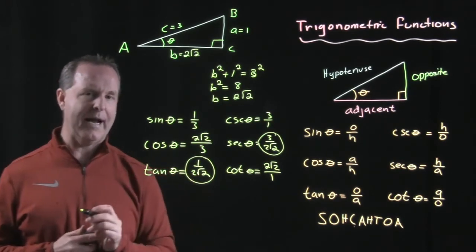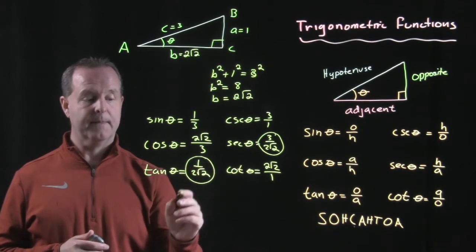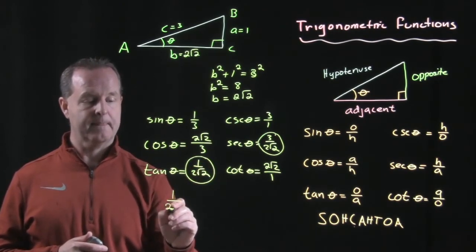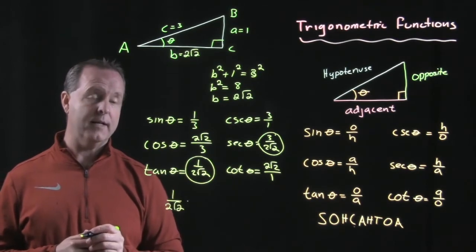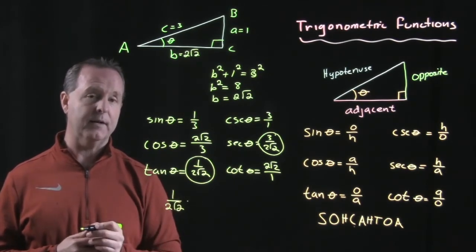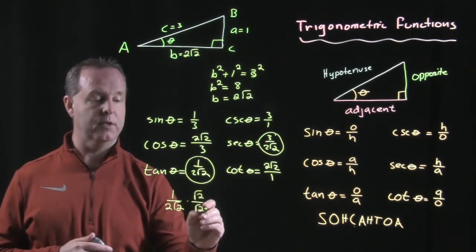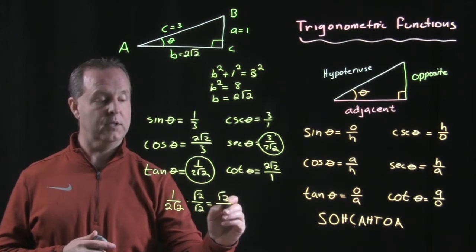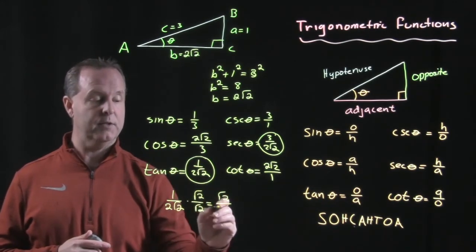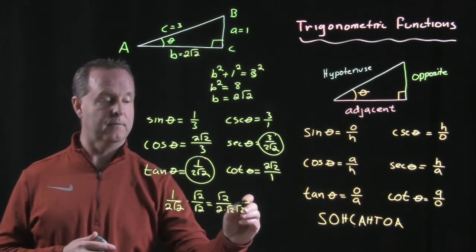So remember how we rationalize? Well, let's practice on this one right here. I need to multiply by a clever version of 1 so that the radicals in the denominator are eliminated. And the one I'm going to choose is root 2 over root 2. Multiplying that through, my numerator is a root 2, and my denominator is a 2 times root 2 times root 2.